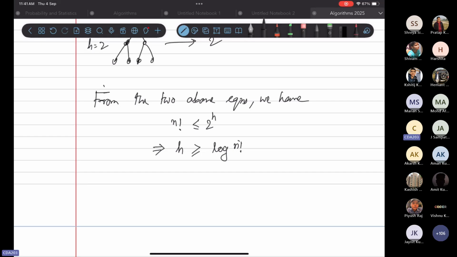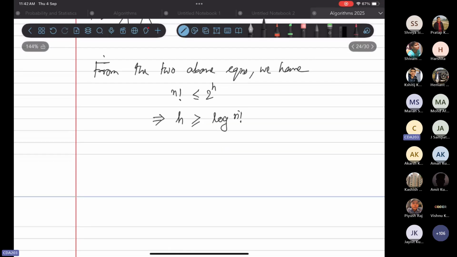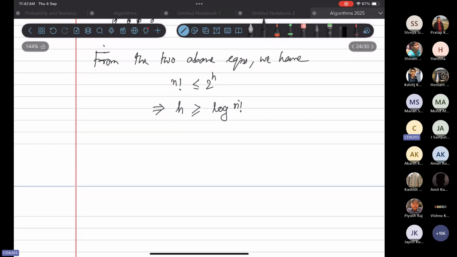So I can write this log of n factorial as omega of n log n. Why? It's actually easy to see.